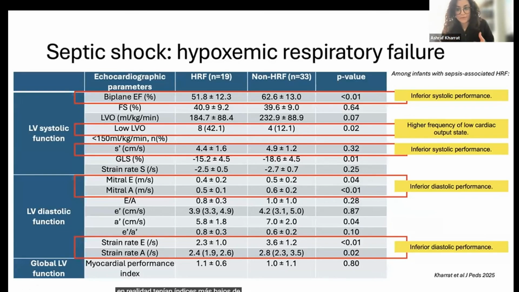So while we often will think clinically that septic shock HRF is a lung problem, intubate 100%, maybe even trial of nitric, it's actually often a heart problem that might just not be as clinically apparent. And so these need a different management strategy.